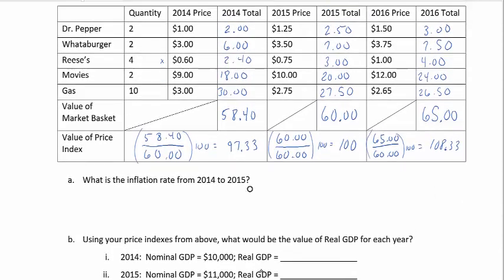So for 2015, in other words, the inflation from 2014 to 2015, you can take the price index of 100 for 2015, subtract the previous one, and then divide by the previous price index. Multiply by 100, and you get an inflation rate of, let's see what it is.